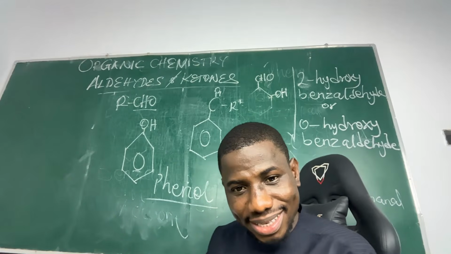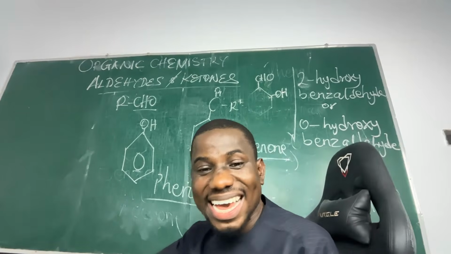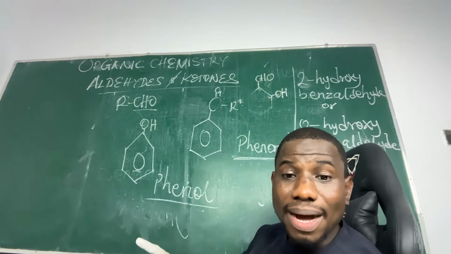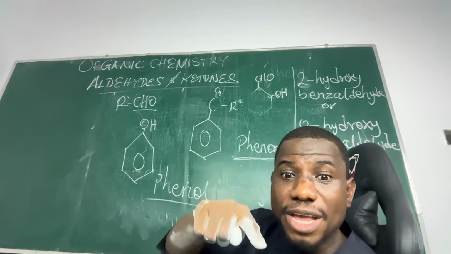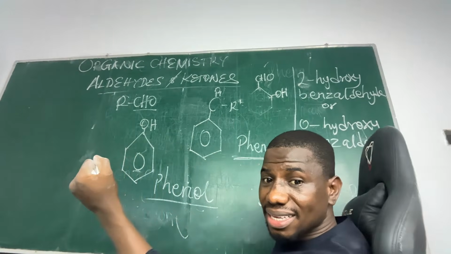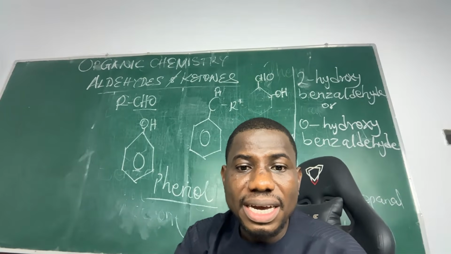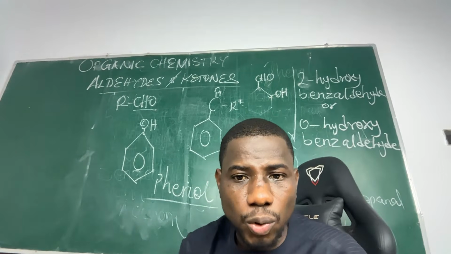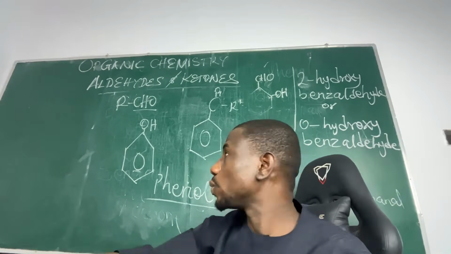Since they said I should tell them, let me tell them. Now listen, we have seen a phenone. The next I want to tell you. Remember, we have another R that needs replacement. If the carbonyl group of an alkanone is attached to two benzene rings, it is called benzophenone.